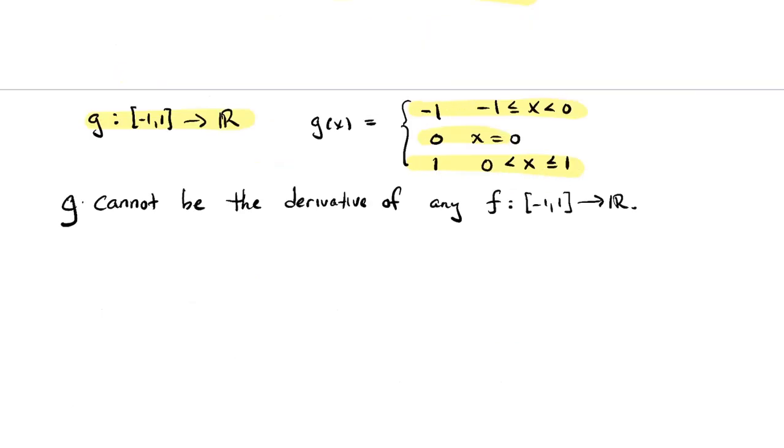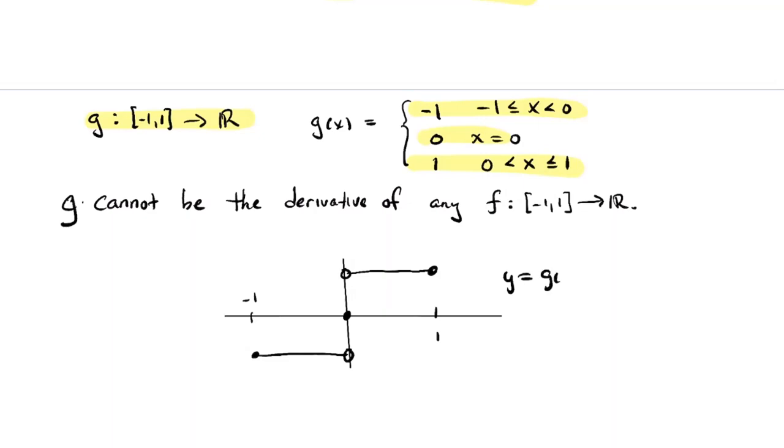If I sketched a quick rough graph of this function g, it has the value -1 up until 0, it's 0 at 0, and then it has the value 1. Okay, so there's a graph of y equals g of x. And that graph certainly shows that the function g does not have the IVP.